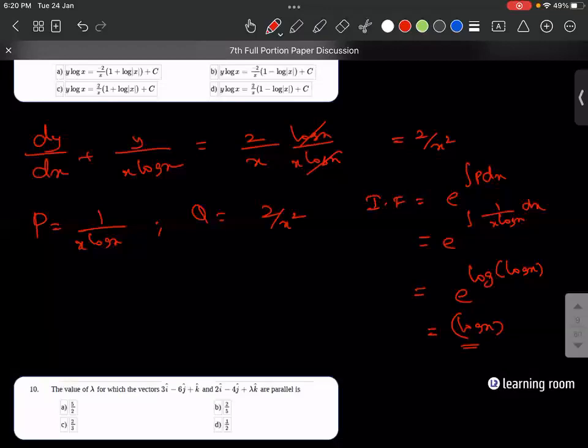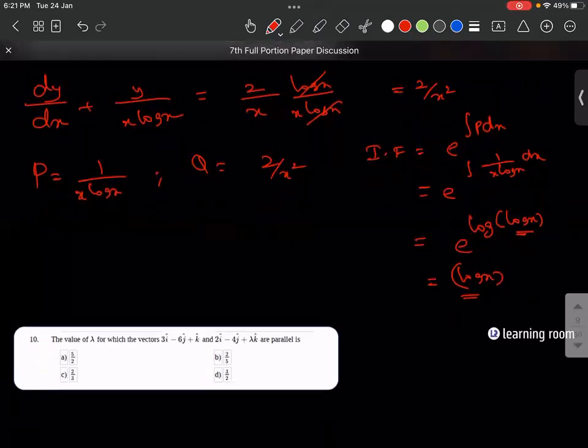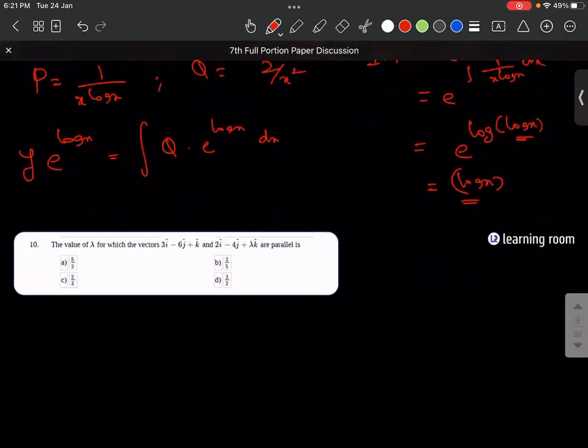You remember? E power log of anything is that anything. So y into log x is equal to integral of q into log x dx plus c.